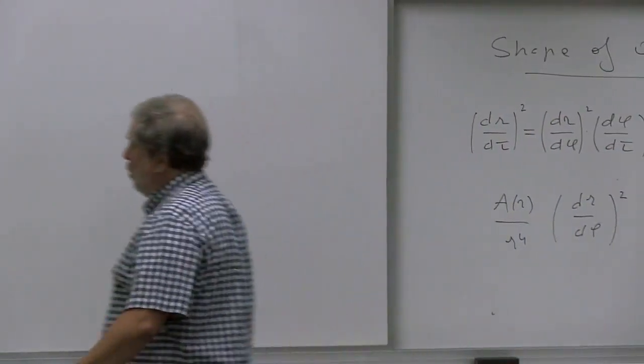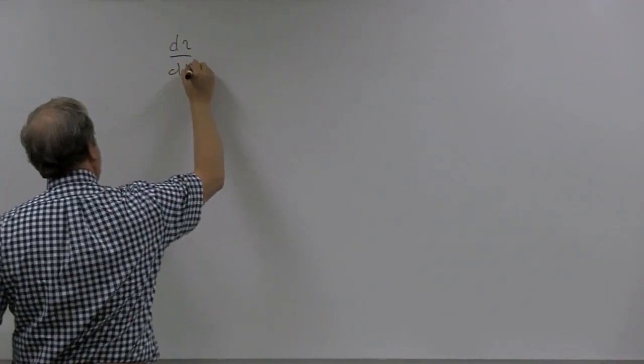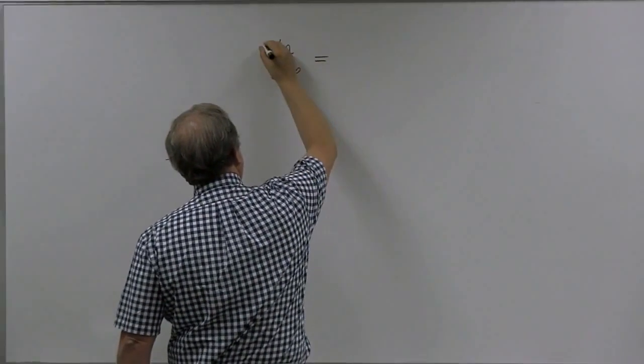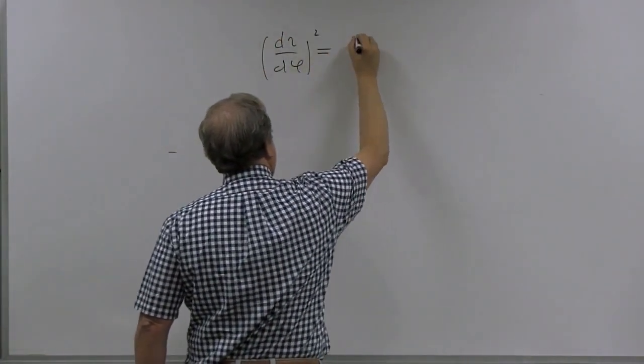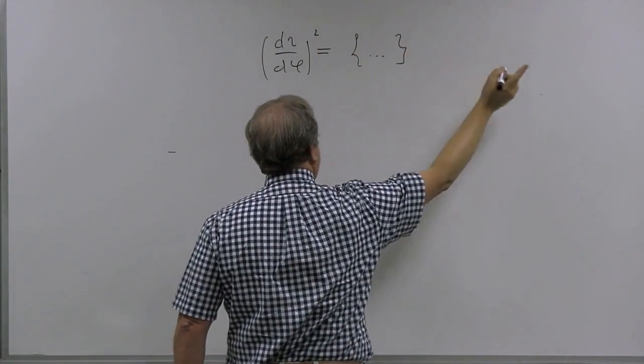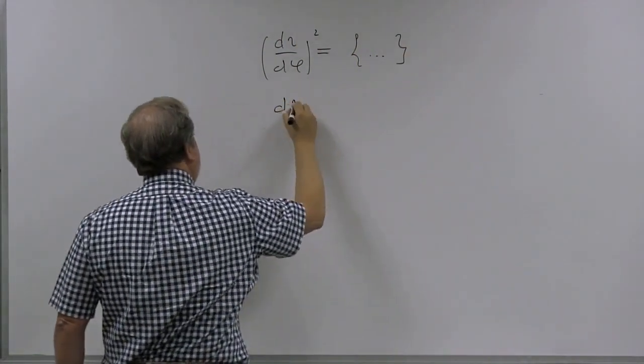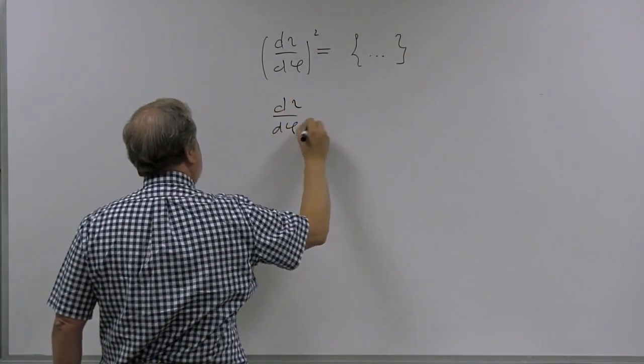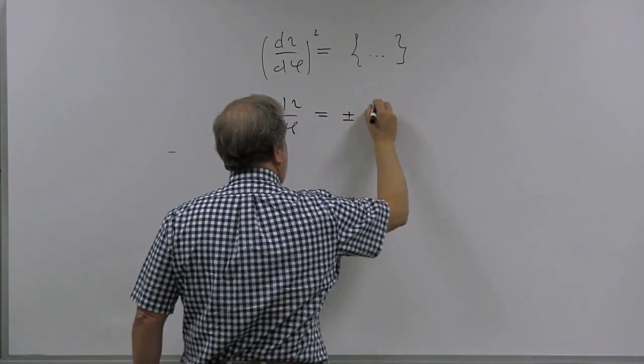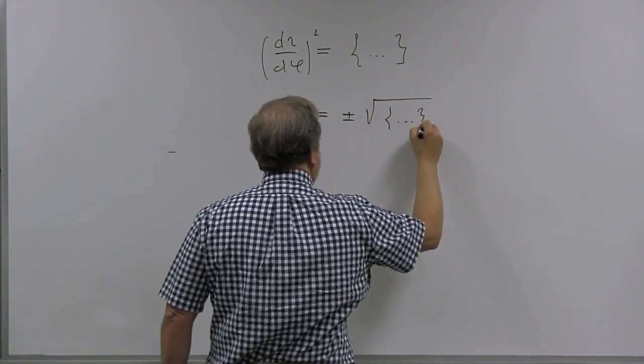So in other words, you write dr/dφ. The square is going to be something which you can read off from there. And then dr/dφ itself is equal to plus or minus the square root of this expression.